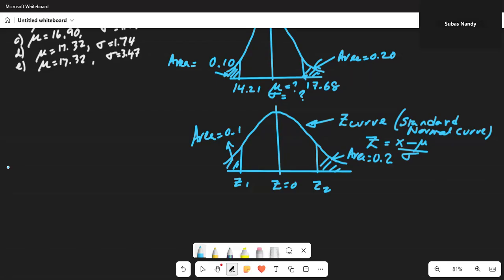So we are going to use our calculator TI-84. Specifically, we are going to use the function called invNorm in the calculator.